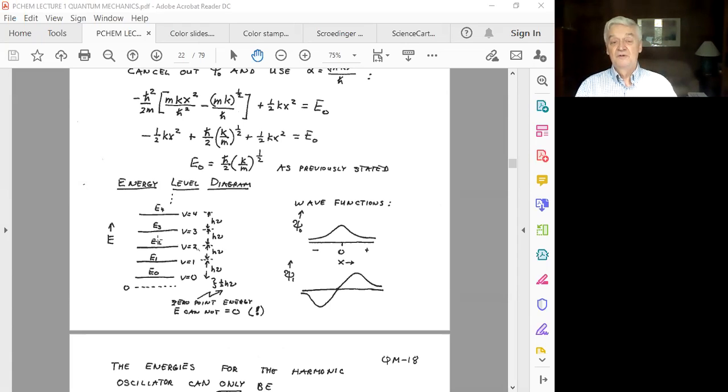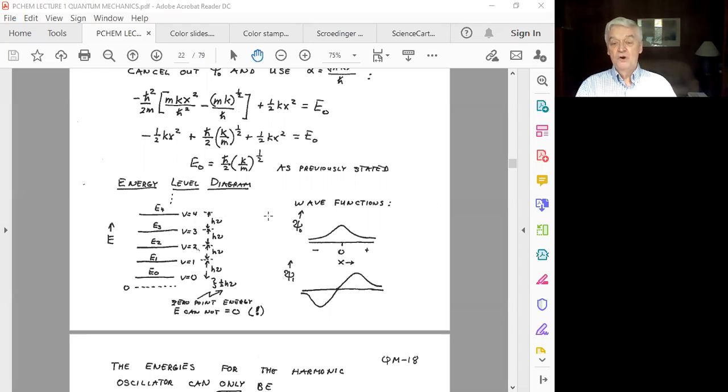But for this kind of problem, I give you the wave function and you have to find then what the corresponding energy level is. Now, to emphasize again, if I took the wave function for psi1, I would get E1. If I took the wave function for psi4, which I'll give you formulas for later, you will get E4. So every individual wave function will give you a different result.